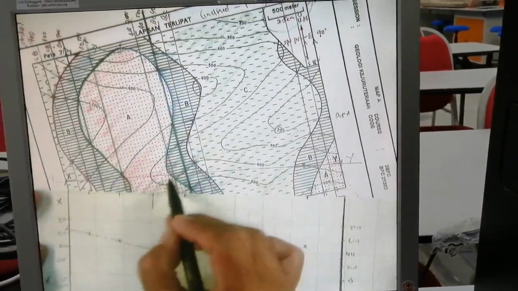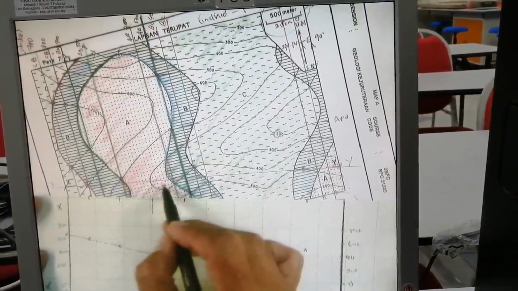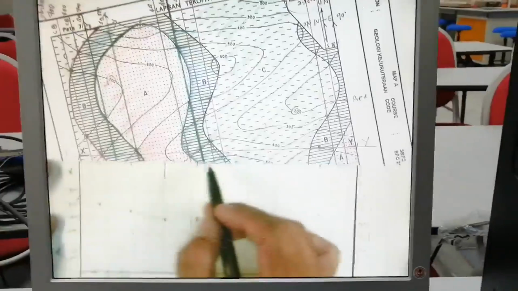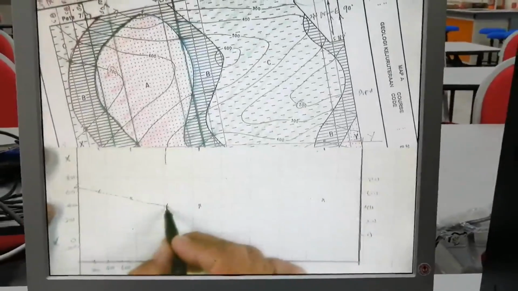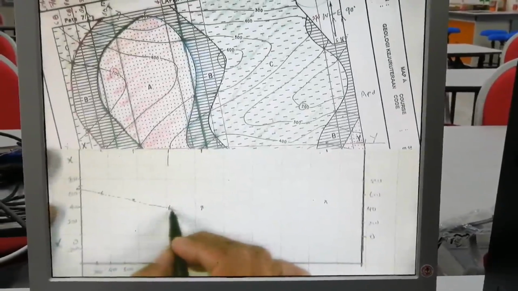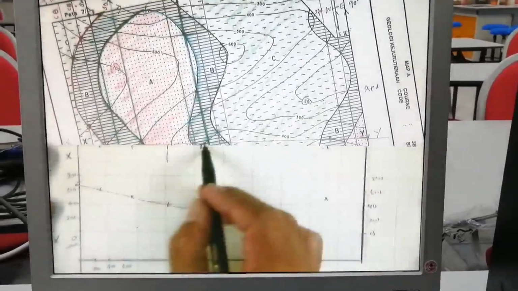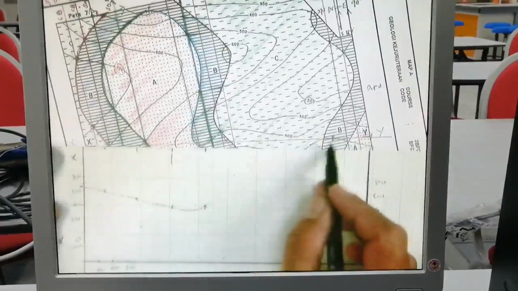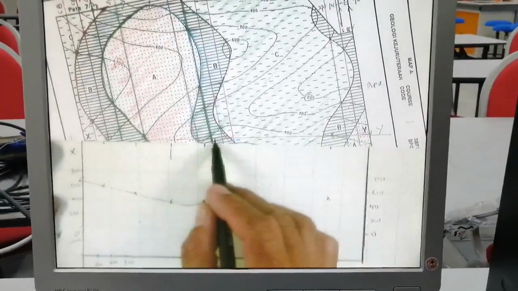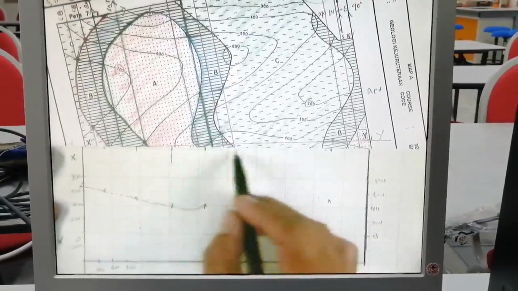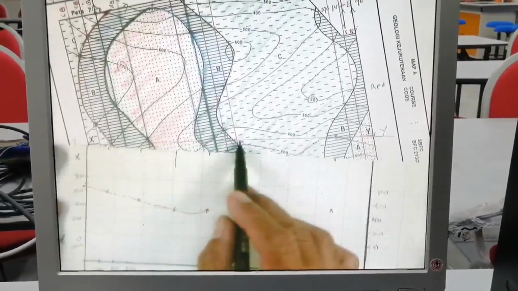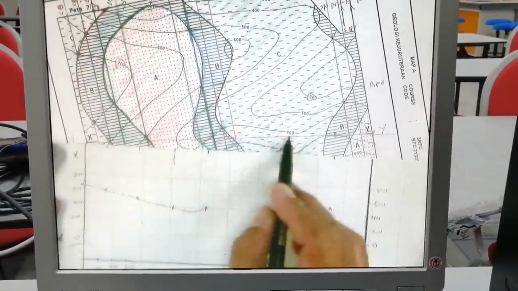This area is less than 400, lower than 400, so it must be like this. From this point to this point it keeps changing from 400 up to 450.